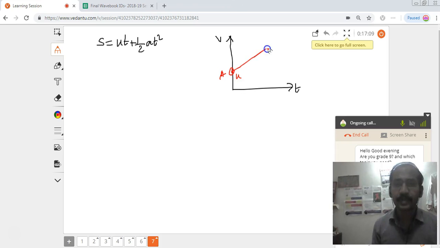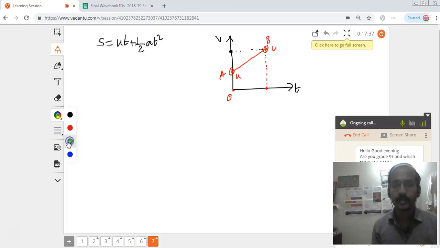It reached point B with final velocity v. So it will take some time t. This is time t. This is O. This is the final velocity v, we can note it on the y-axis, some value.